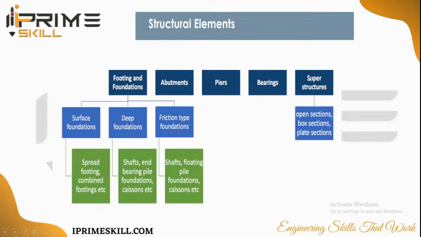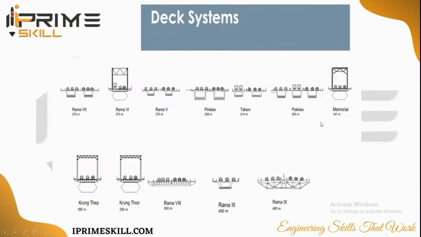In the superstructure, you will have the cross section of the beam, where you have different types of cross section. Box is there, trapezoidal with opening. So here you have the deck systems available for the different types of bridges that we saw: Rama 6, Rama 7, Rama 5, then Taksin, and Tur.